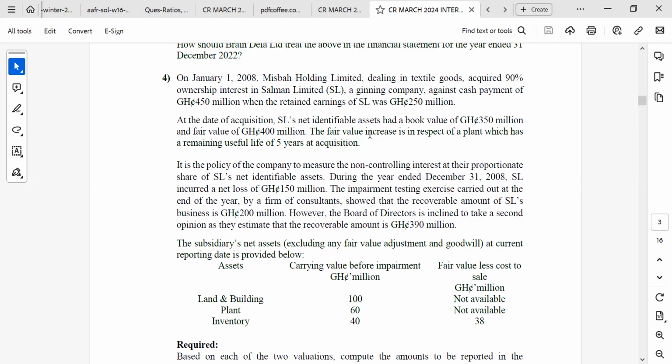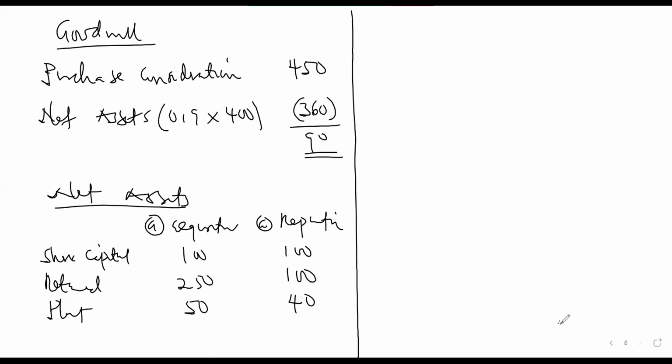When was the acquisition date? That will be 40. It will depreciate by 10 since acquisition, so that will be 40. How did you get the 50?